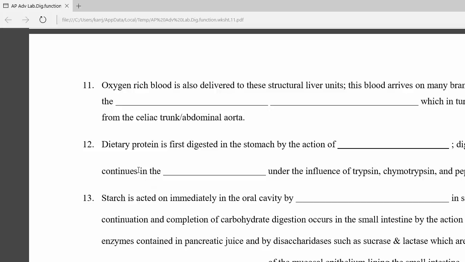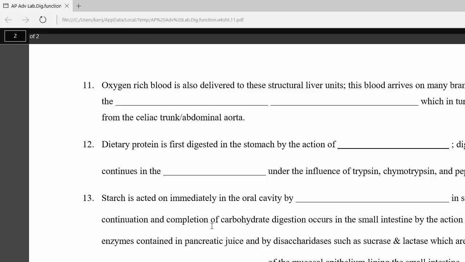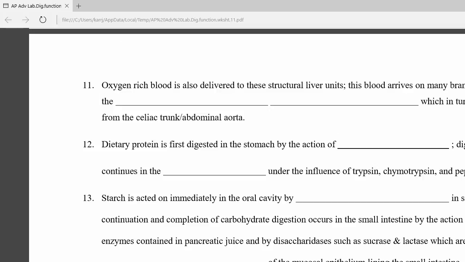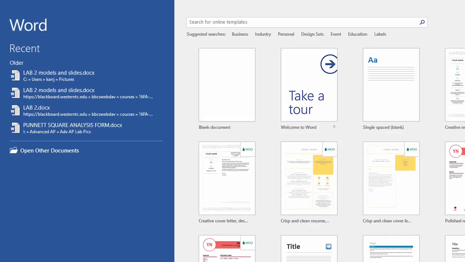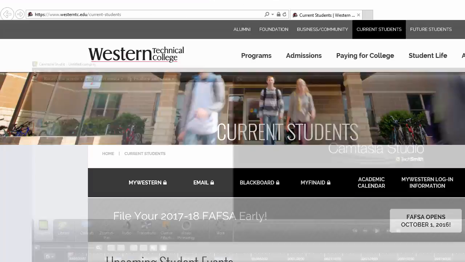So dietary protein is first digested in the stomach by the action of, do you see it in your table? Yes, that is correct.